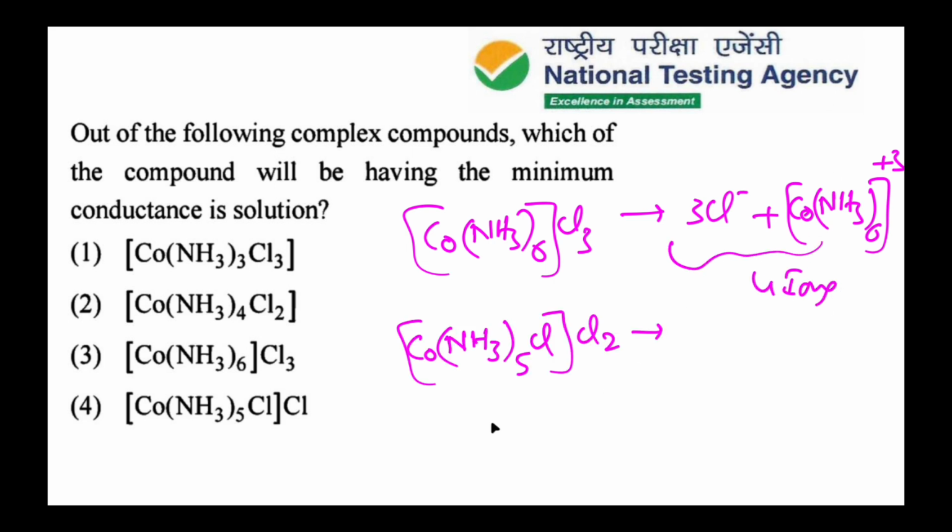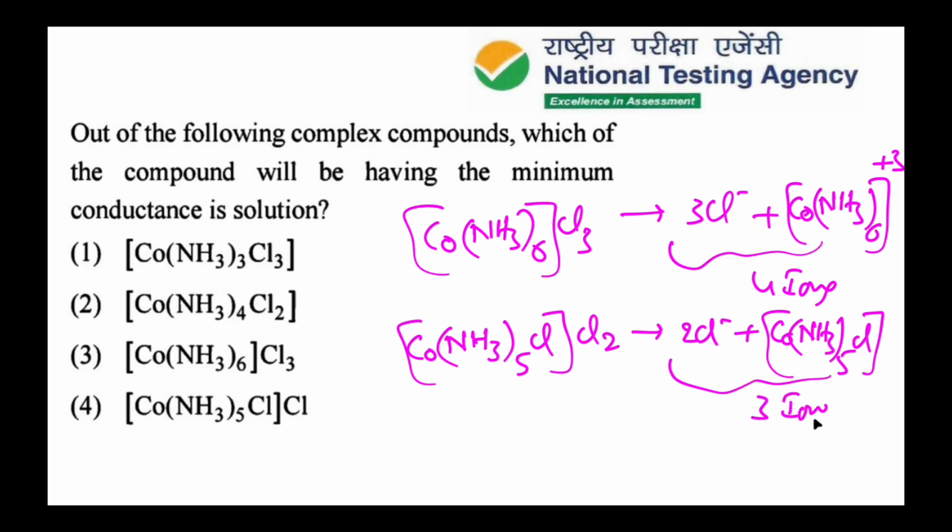Then Co(NH3)5Cl Cl2 gives 2 Cl minus and one complex, Co(NH3)5Cl, so it gives a total of 3 ions.